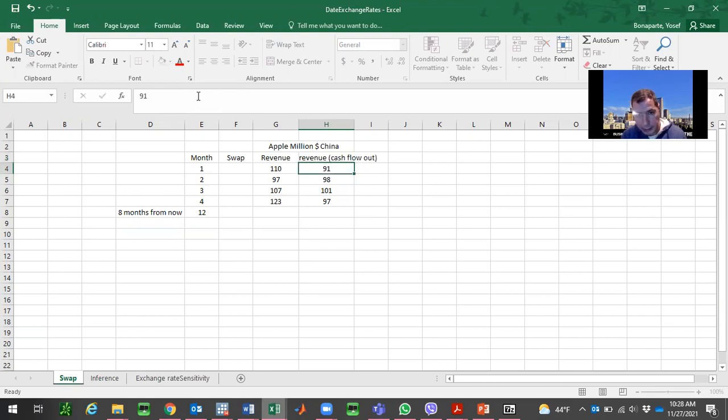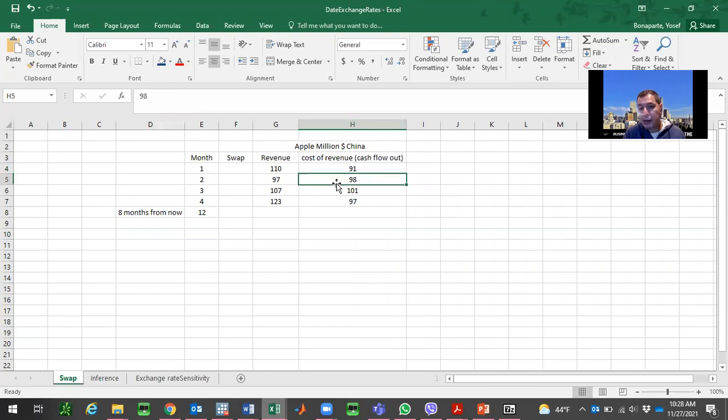In China, in this month, they have a cash flow cost of revenue of 98.